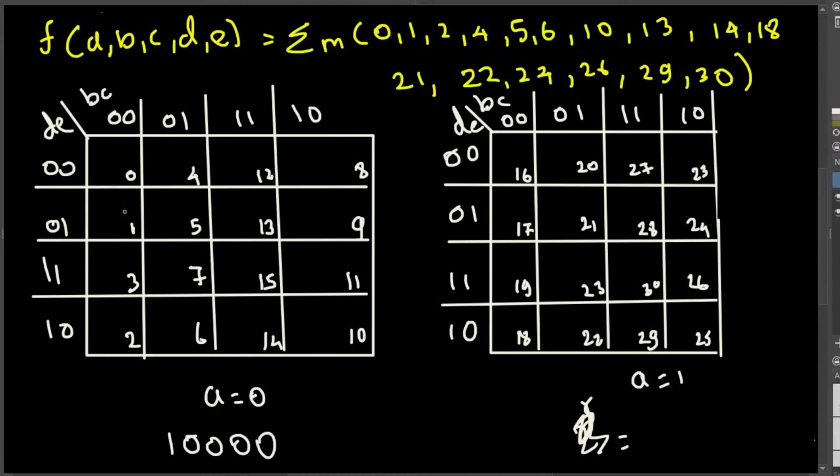So 0 to 31 is going to be 32 numbers. So I am not getting 31, which means I made a mistake here. 16, 17, 18, 19, 20, 21, 22, 23. And this one should be starting from 24.